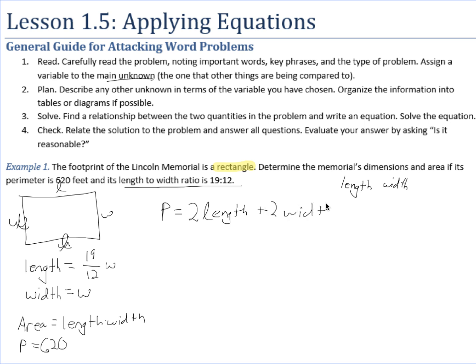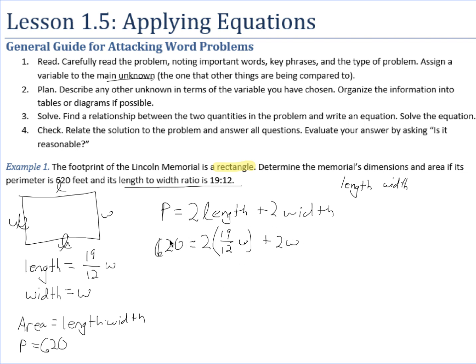So perimeter, which is 620, that was mentioned in our problem, is 2 times the length. Well, length is this 19 twelfths W, plus 2 times the width, which is just W.